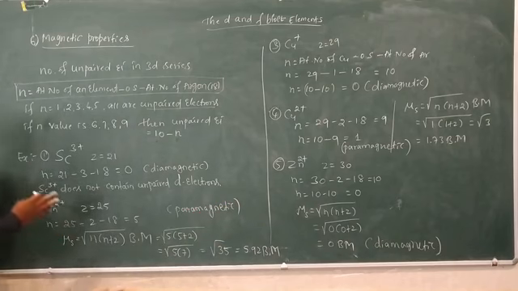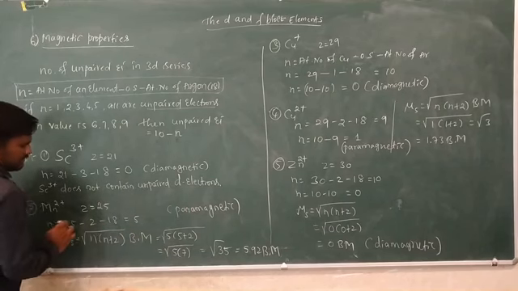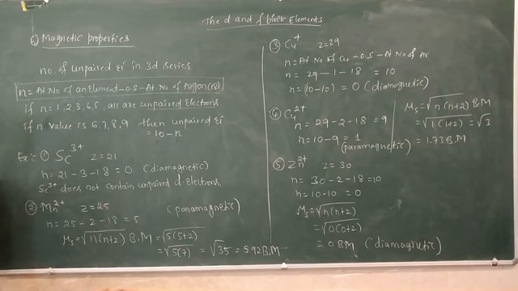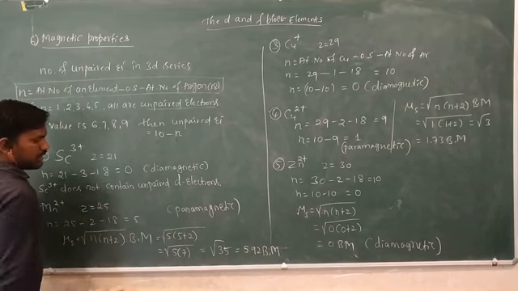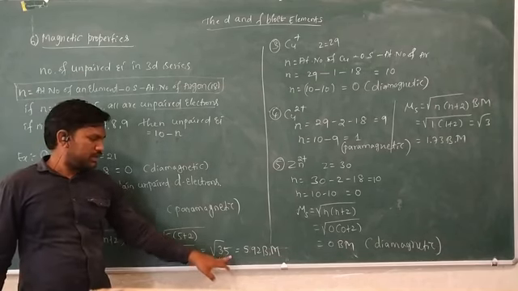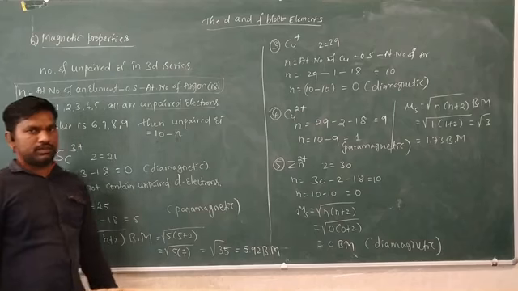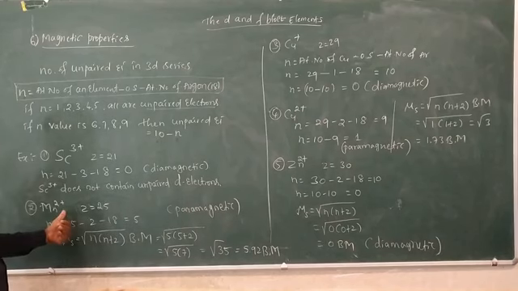Species containing unpaired electrons show color. Mu is under root n into n plus 2 to calculate the spin only moment. Here the n value is 5 unpaired electrons. Under root 5 into 5 plus 2, 5 into 7, gives under root 35, 5.92 Bohr magneton is the value of the spin only moment for Mn2+. This is the way to calculate.